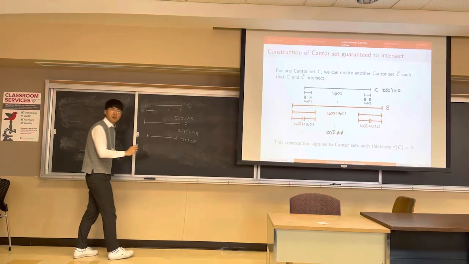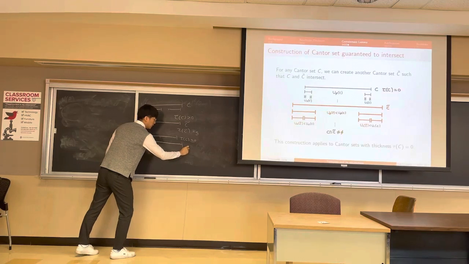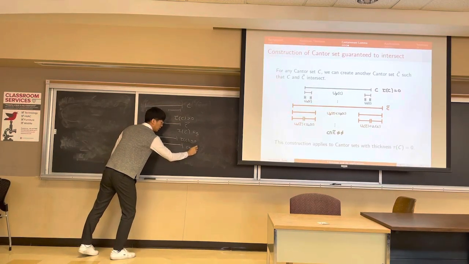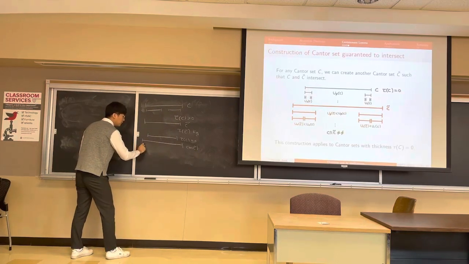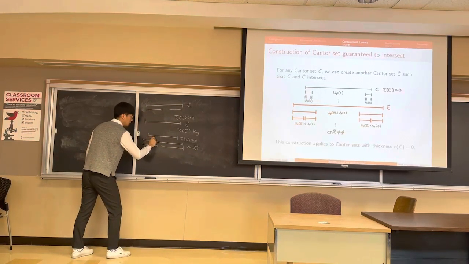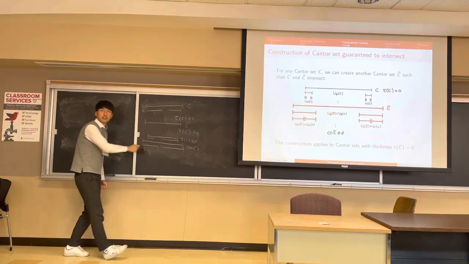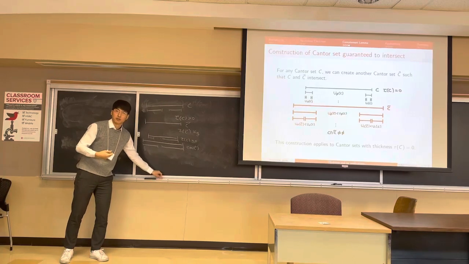And now using our containment lemma, all we have to do is start with a larger convex hull. And then we make smaller gaps than C. And we do that iteratively. And then C tilde is guaranteed to intersect with thickness 0 contour sets.